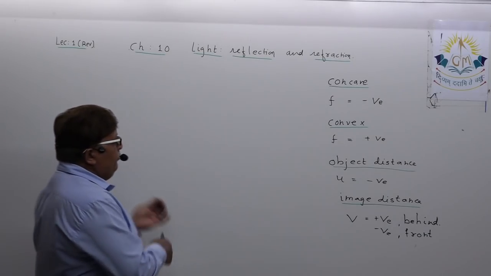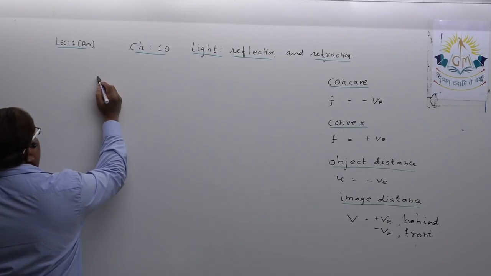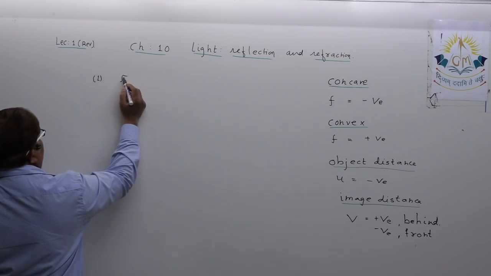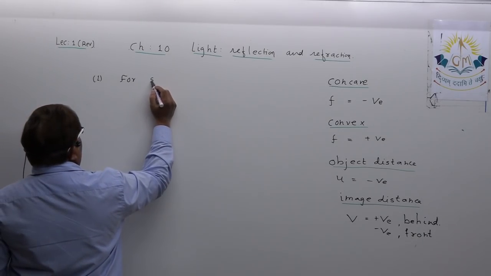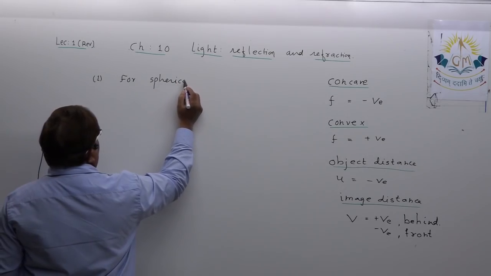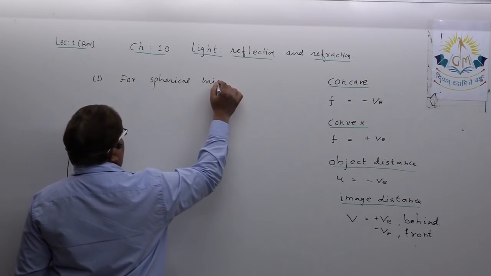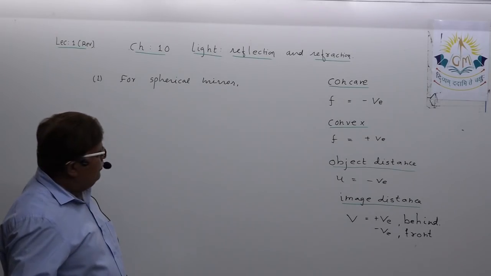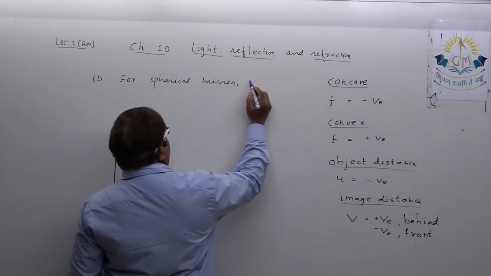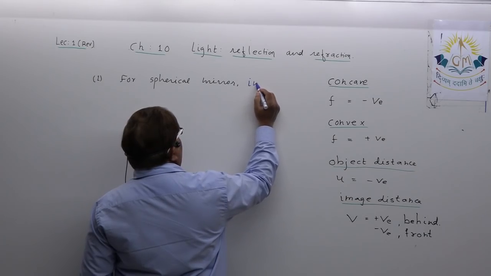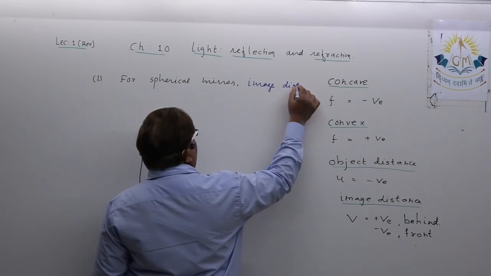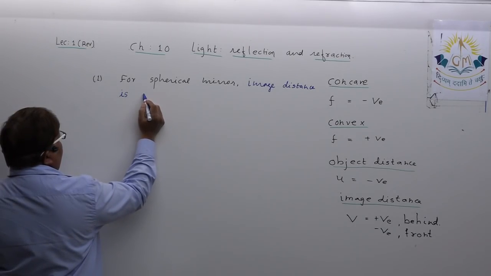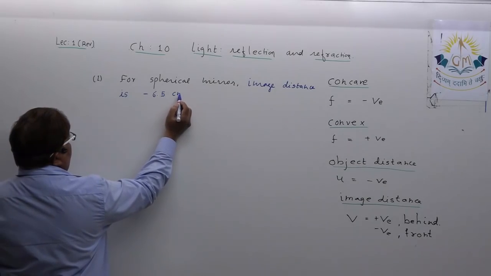Suppose, dear student, I design an MCQ in this way. Just note this down: for a spherical mirror, I am not mentioning any particular one, the image distance is minus 6.5 centimeters.